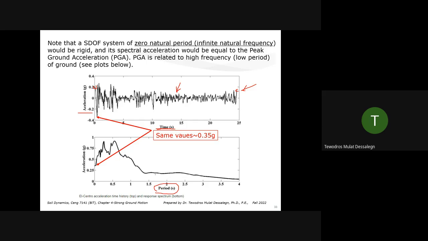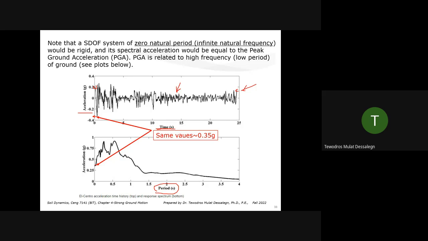Now the peak values. If you have a peak value in the time history plot, let's say around here, maybe around 0.35 g, it doesn't matter whether it is negative or positive, because in a time history it's just oscillating. You can take the absolute value. That peak value in the response spectrum plot corresponds to the 0 period. Why? Because usually the peak values occur at high frequency.